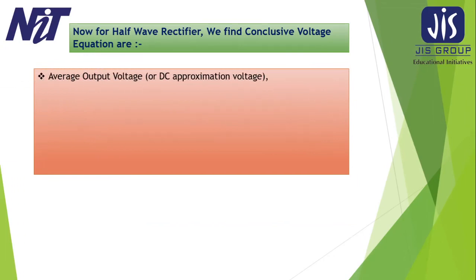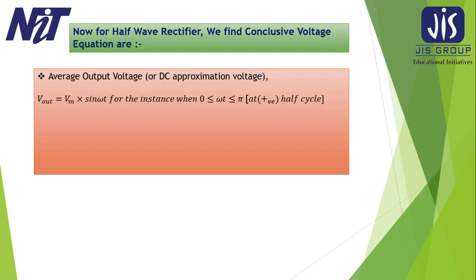Let's go to the next slide, where we can find some conclusive voltage equations in the form of average output voltage, or the DC approximation voltage. It is obtained for two instants. First, V out is equal to Vm sine omega t, for omega t greater than or equal to 0 and less than or equal to pi.